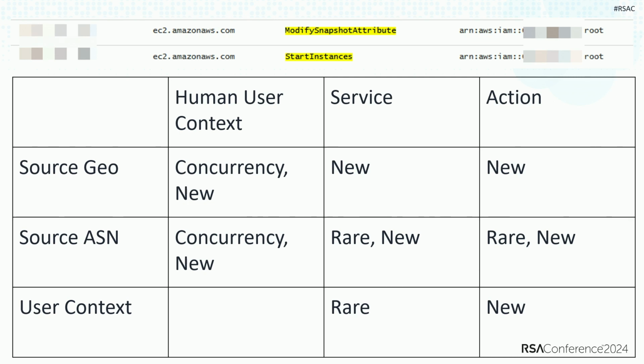So in those cases, there would have been a rare source network for the user, possibly for the actions in the service as well, and possibly new or rare source geography as well, especially where Tor is involved. If they're coming in from Tor, the source geography is going to be chosen at random, so it's quite likely you have some source geo in there that has not been seen before.